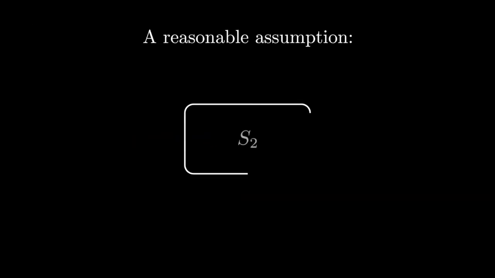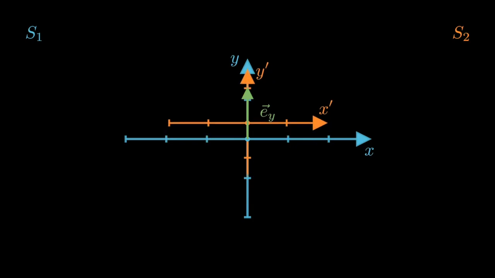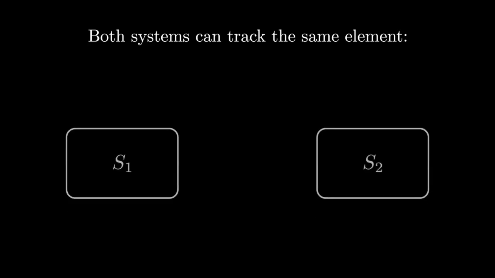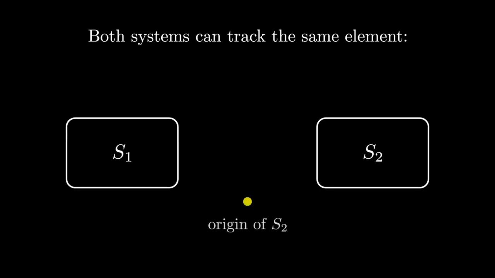A reasonable assumption is that system S2 can track its own origin, just like system S1 can track its own origin. So even though system S2 is moving with respect to system S1, we have established that both systems can track the same element of system S2, namely the origin of system S2.